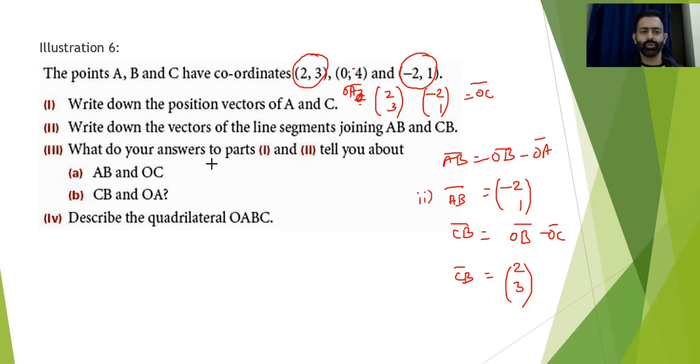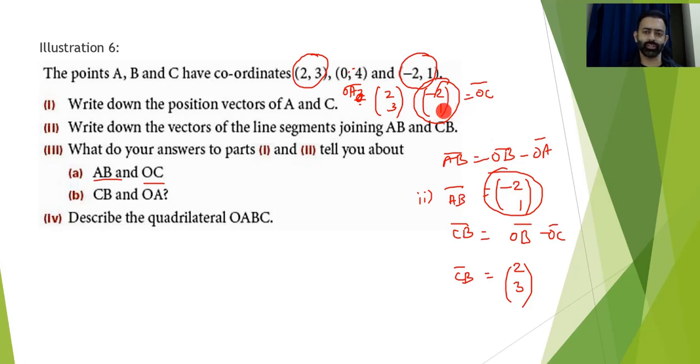Third, what do your answers to part 1 and 2 tell you about AB and OC? AB is minus 2 and 1. OC is minus 2 and 1, as you can see here. So these two vectors are parallel, or rather equal vectors.